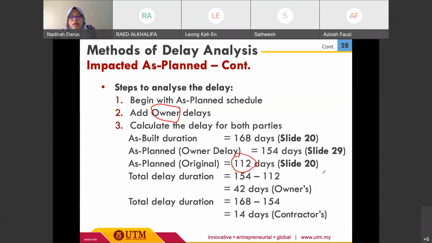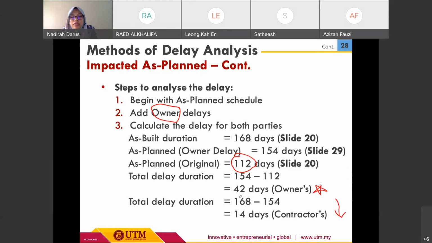For this method we can also calculate the total duration for the owners and contractors. For the owner, we take 154 days minus the as-planned original one, and we know the total days by the owners. Next we can calculate for the contractors.